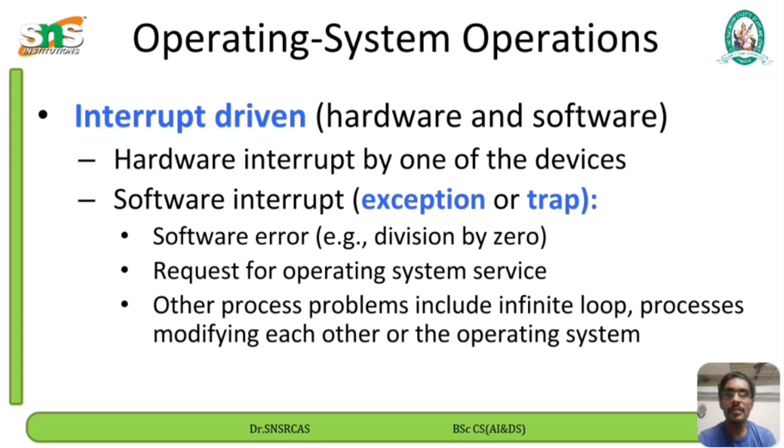Other process problems include, for example, an indefinite loop. If you are executing an application program or language program and you run a looping statement without a termination condition, it executes continuously. In that kind of situation, the operating system understands there is a software interrupt. Also processes modifying each other or the operating system.